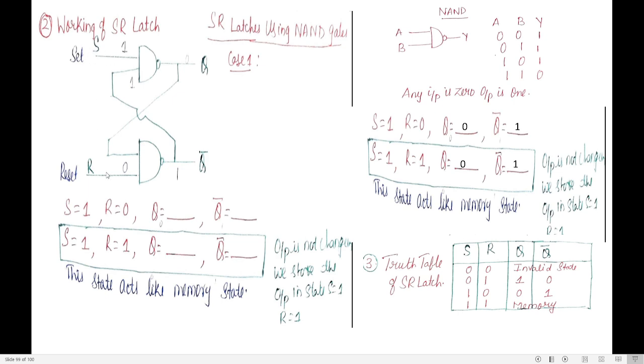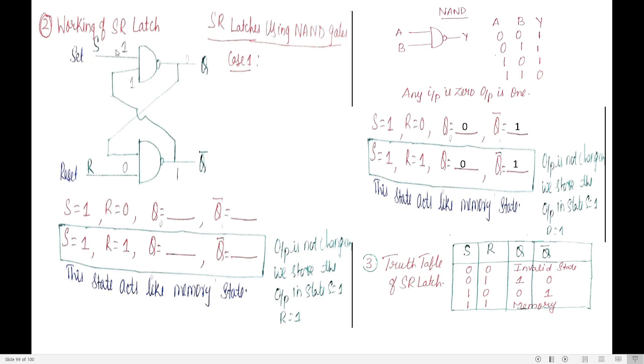So this state is called the memory state. Whatever was there in the previous state, the output remains same. So there will not be any change. Previously whatever output you had in Q and Q bar remains same when S is 1 and R is 1.